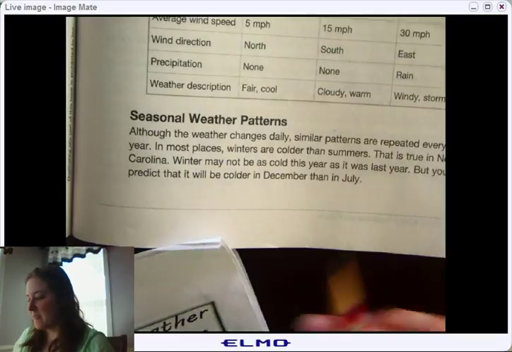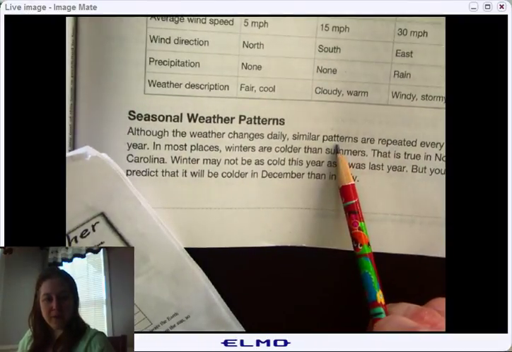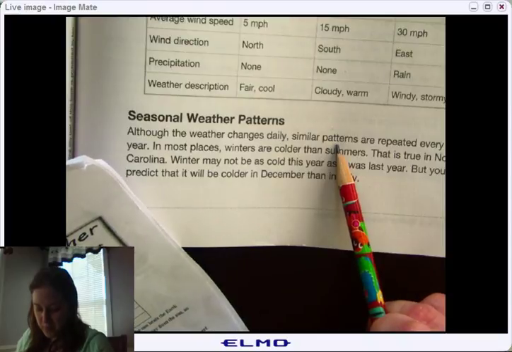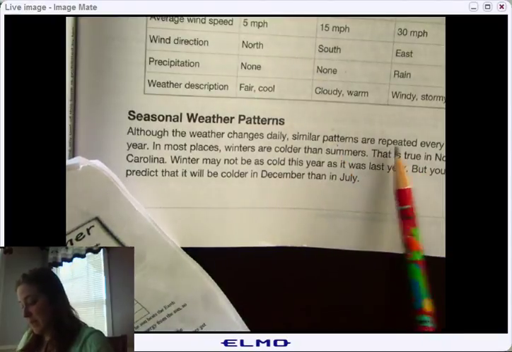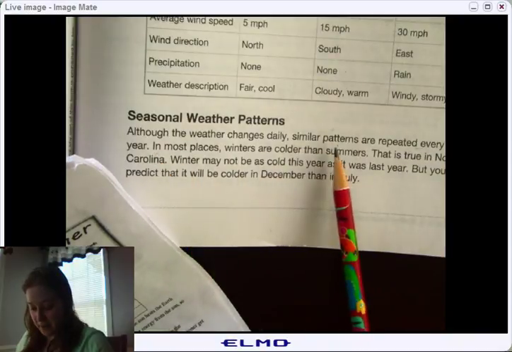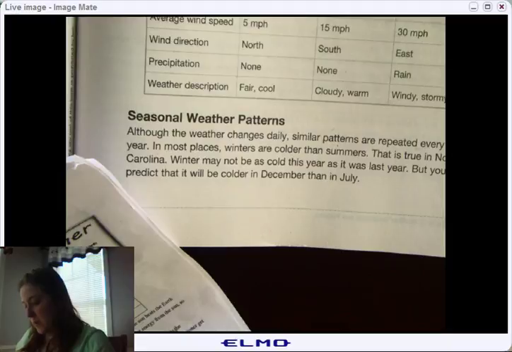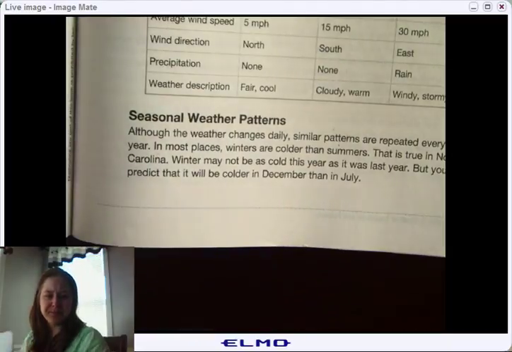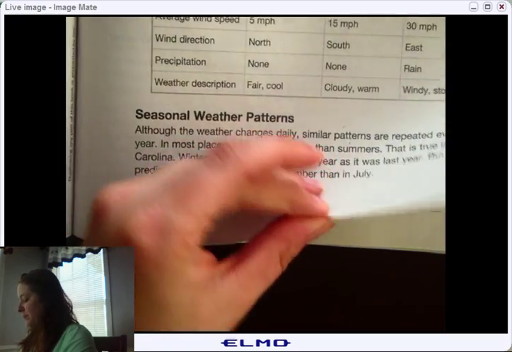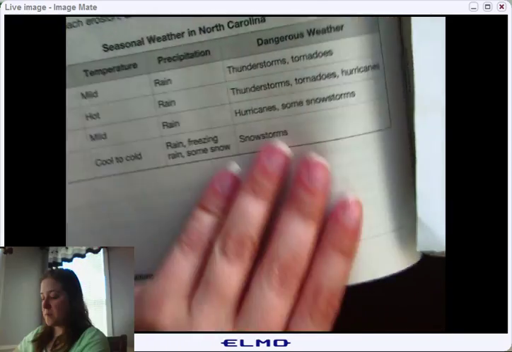We're going to come back and see if it's on the other page, because I would think it would be patterns, but it says right here, weather changes daily, but similar patterns create blank that repeat every year. They say right here, repeat every year, similar patterns. So we will look to see if it's on the back before we choose that answer. Okay.